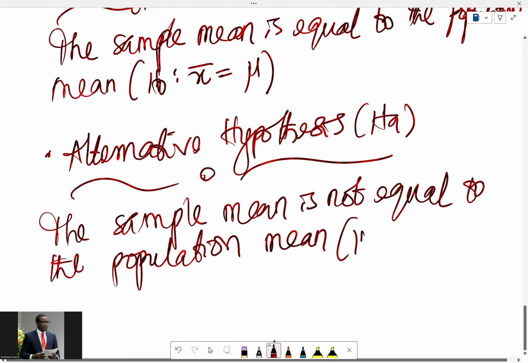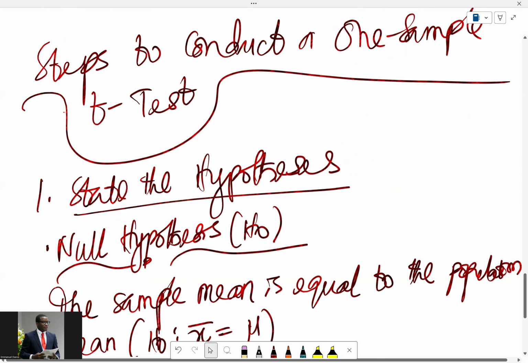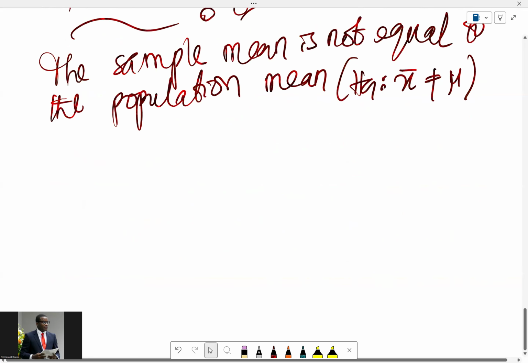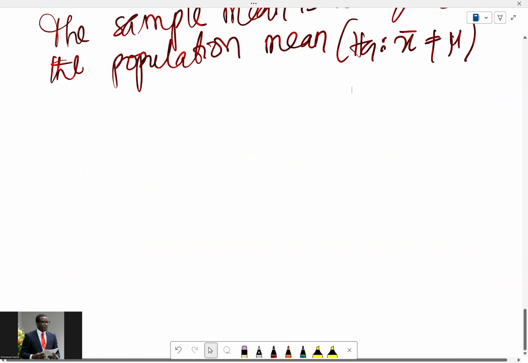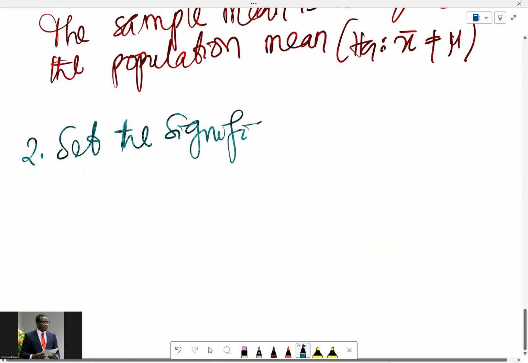So that means HA is such that X bar is not equal to mu. So that's the first step, state the hypothesis. Then the next thing, number 2, you set the significance level as usual, which is alpha, right?